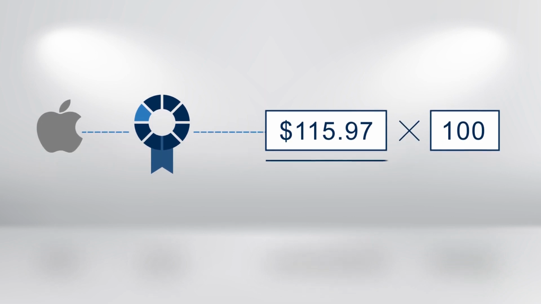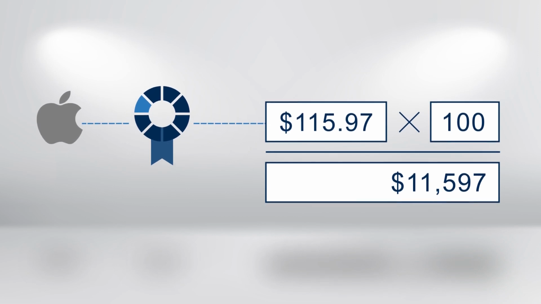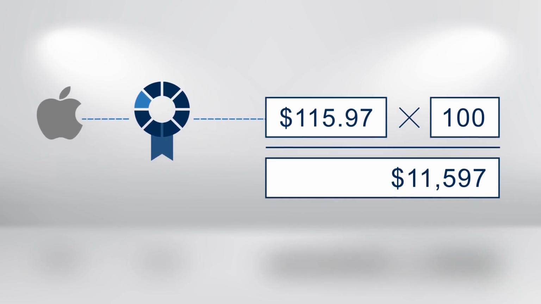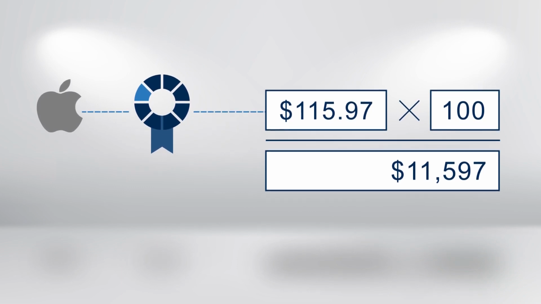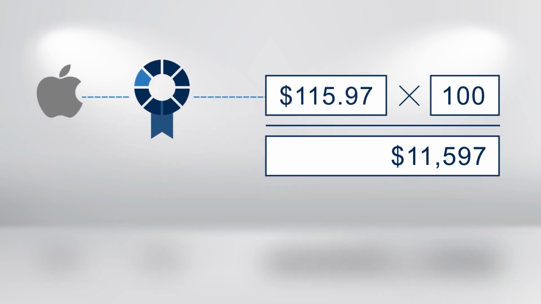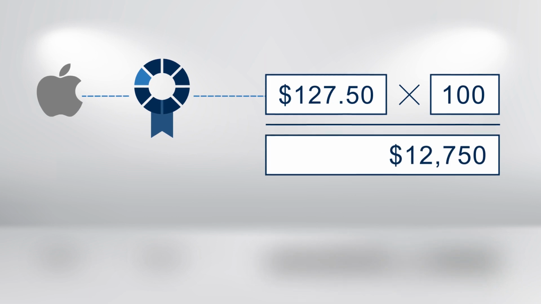The traditional stock cash purchase will cost you $11,597 plus any associated costs. For the purpose of this illustration, we will ignore trading costs in our calculations. After you have bought the stock, the price rises to $127.50.